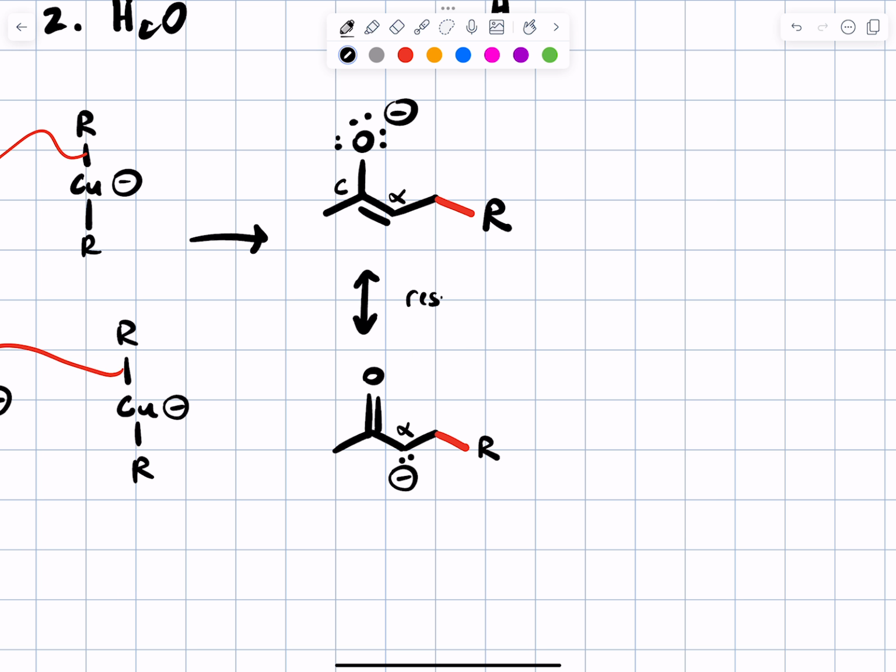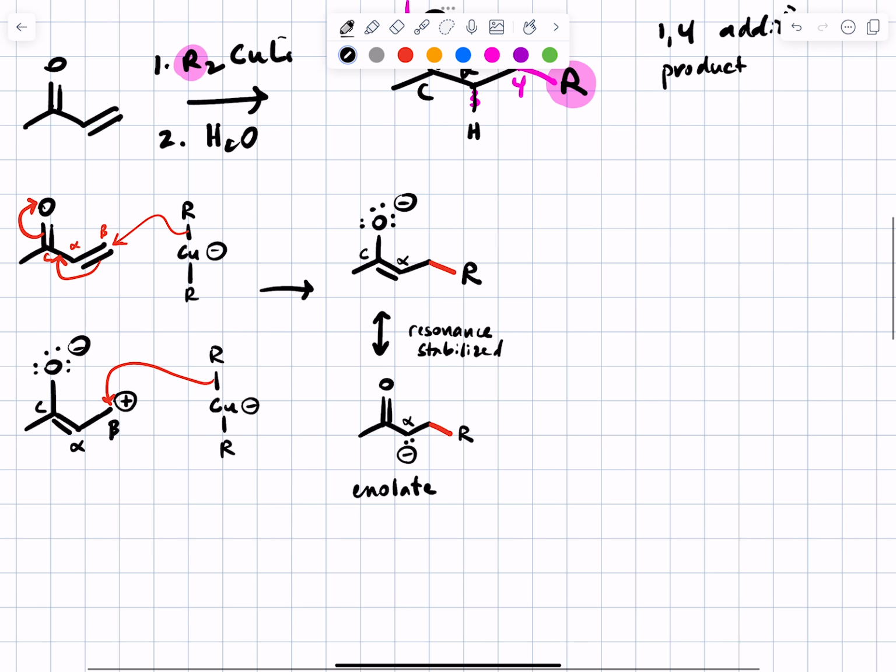So this is a resonance stabilized anion. It has a name. It's called an enolate for reasons that we'll discuss in a subsequent chapter. But you can see there's no good leaving group to be kicked off.